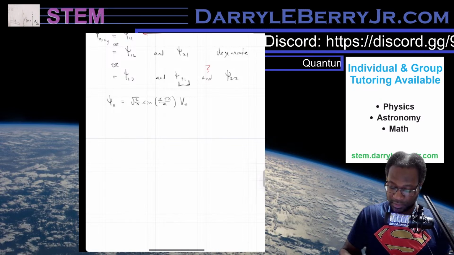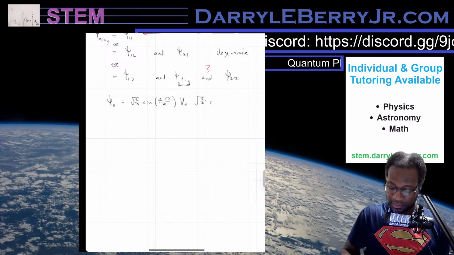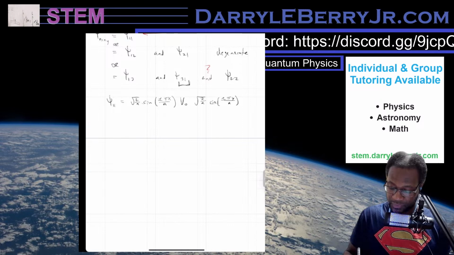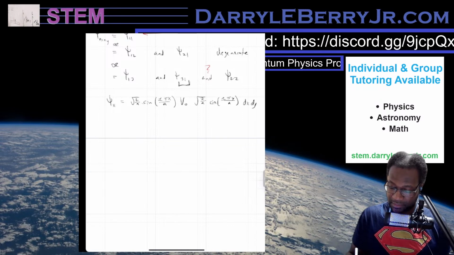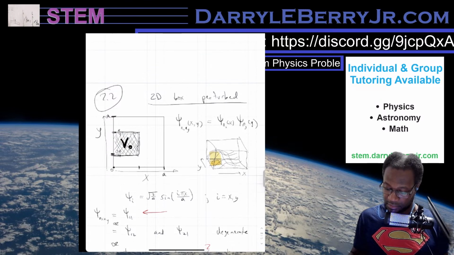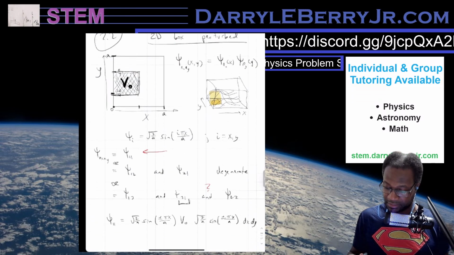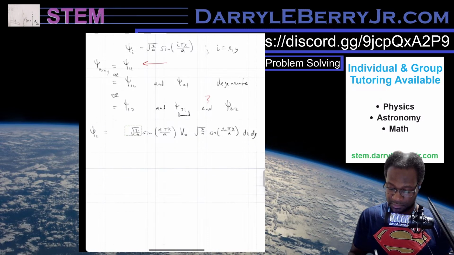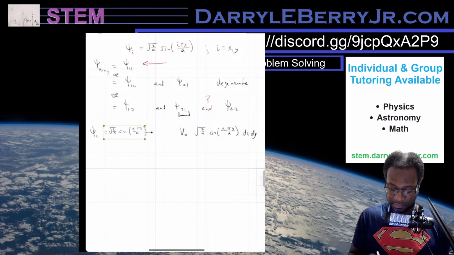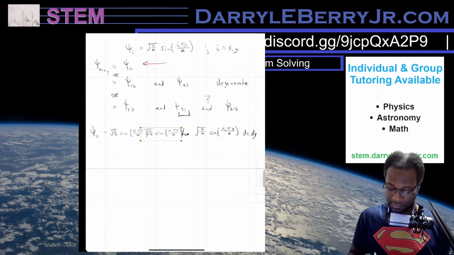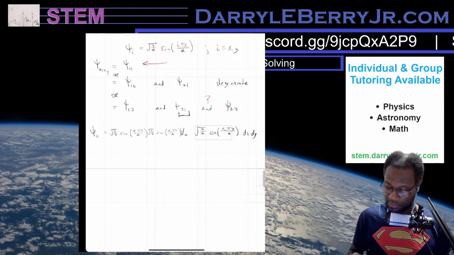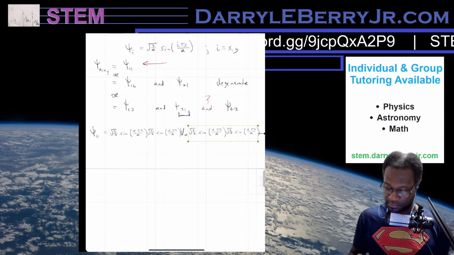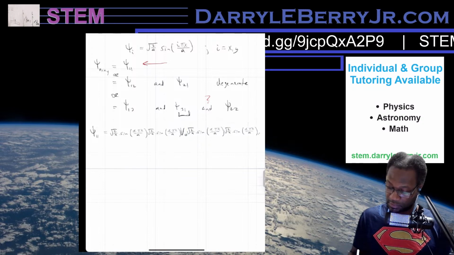V naught, and square root of 2 over a sine of 1 pi y over a dx dy, and I may be missing one of my signs. Let's copy this one over. Review what we have here. Boom. dx dy.